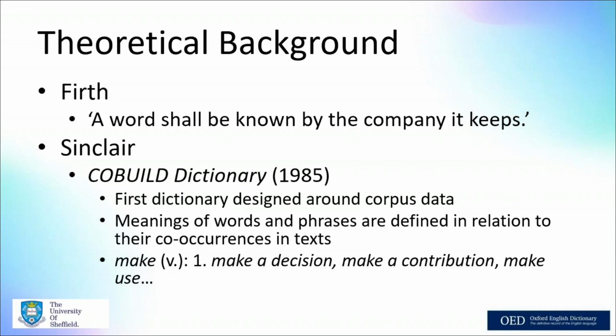Whereas if you look at a lot of other dictionaries, and for various reasons, dictionaries and lexicographers make these decisions in informed ways, but a lot of other dictionaries will list a concrete meaning of the word make first, making furniture or making clothing, that sort of thing. Although that isn't at all the most common meaning, and those direct objects won't be the most common co-occurrences for the verb make.